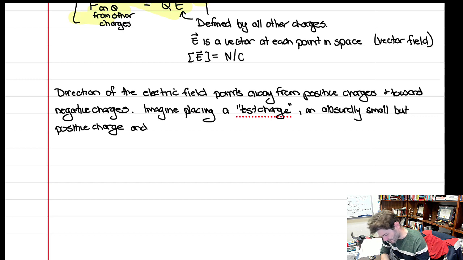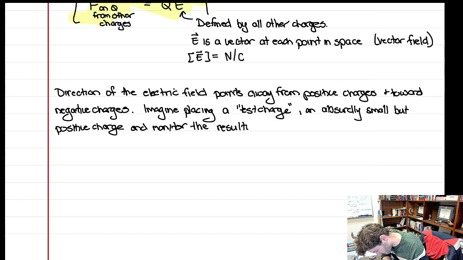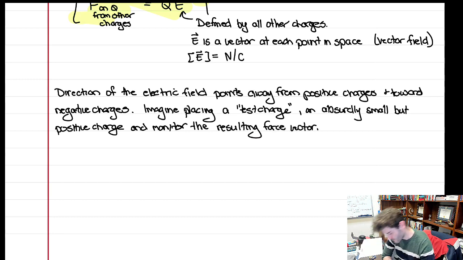Right, so you place an absurdly small but positive charge and monitor the direction of the resulting force vector. That then tells you the direction of the E field.